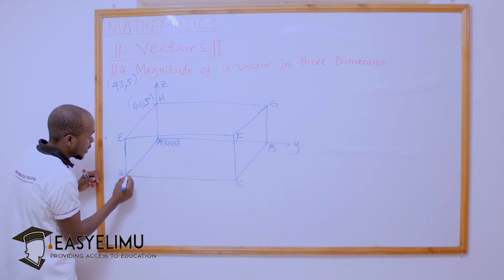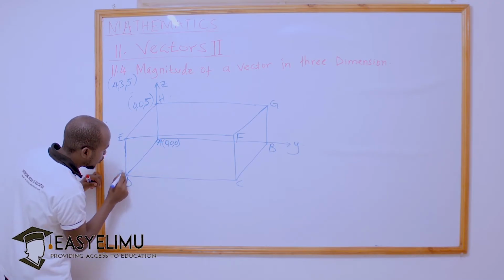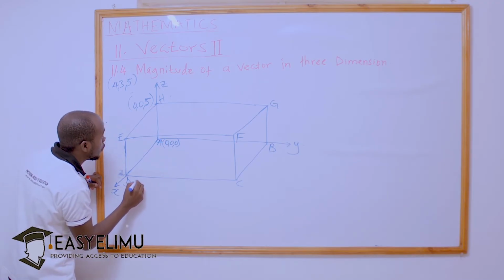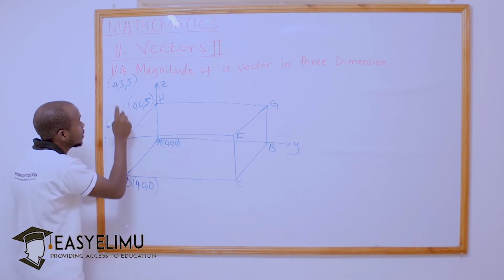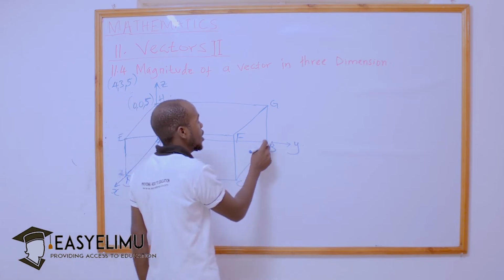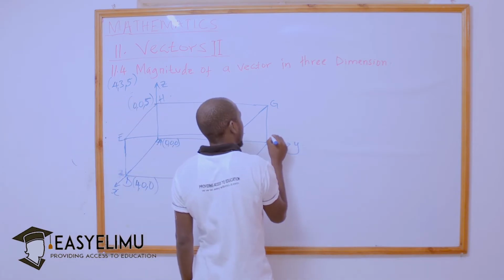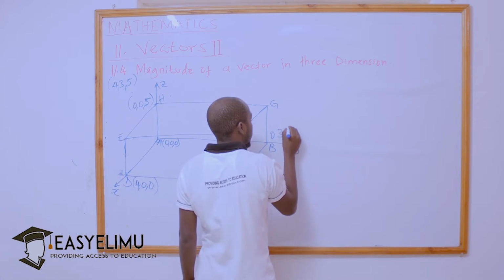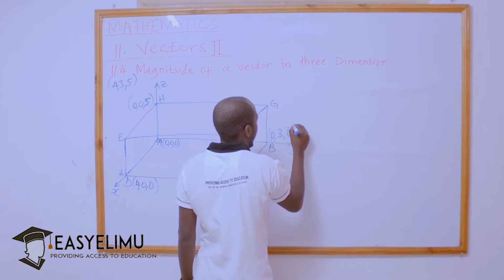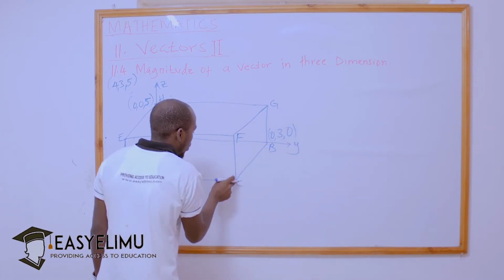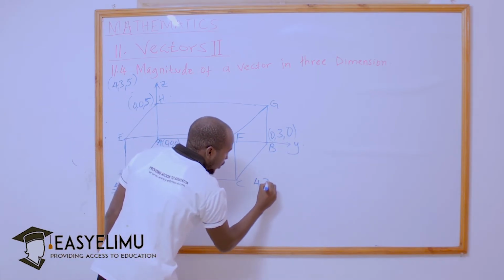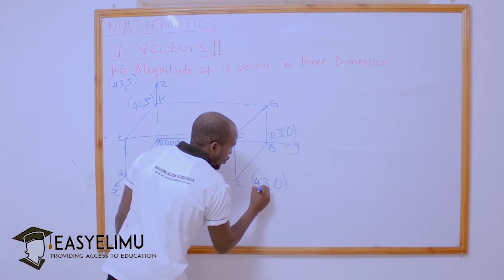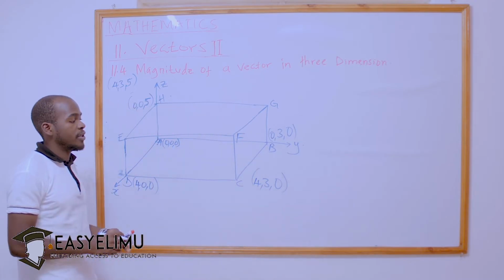In the x direction, at this point we are going to have 4, 0, 0. At this y point, we will have 0, 3, 0. At the point on the xy plane, we have 4, 3, 0.